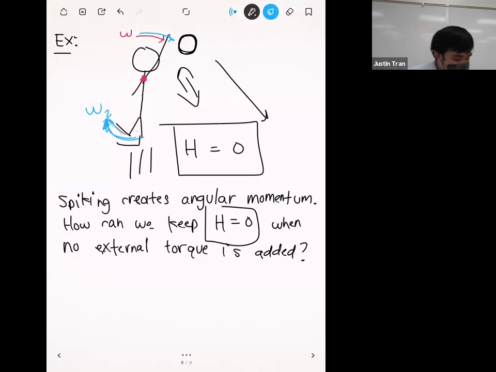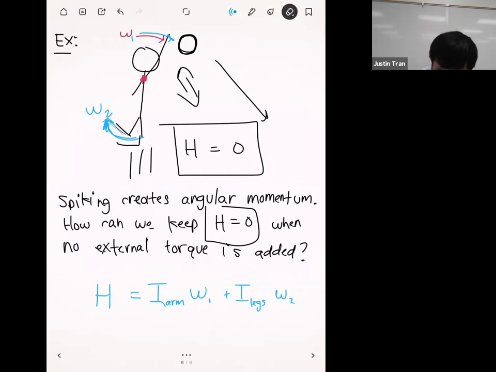If we sum these up, the total angular momentum of the body is equal to the moment of inertia of the arm times the omega of the arm, which we'll call omega 1, plus I of the legs times omega of the legs, where in order for this to work, omega 1 and omega 2 have to have the opposite sign.